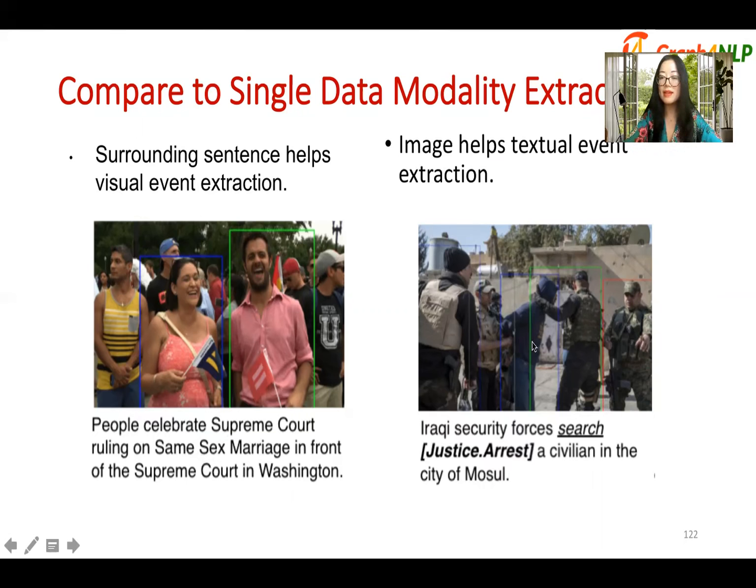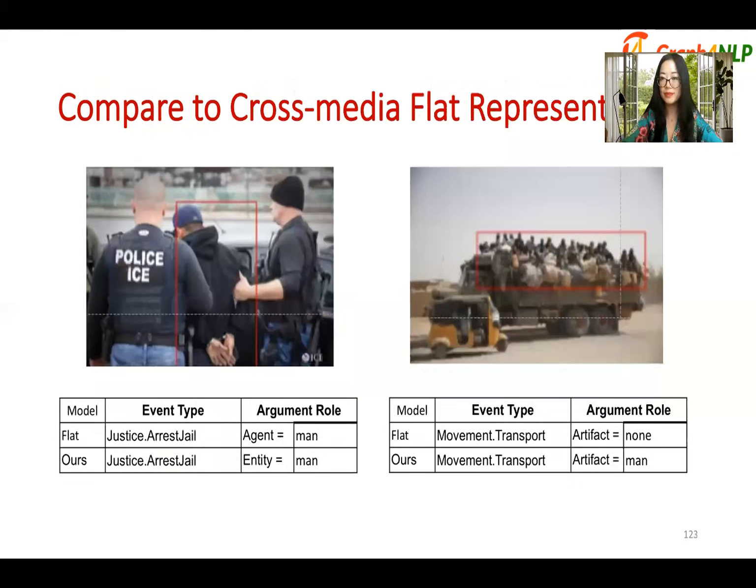Similarly, on the right side, if we ignore the image, the text-only system will miss this event because search is not a common trigger word for arrest. But using the common space, that integrates information from multiple data modalities, we can successfully identify this as an arrest event.